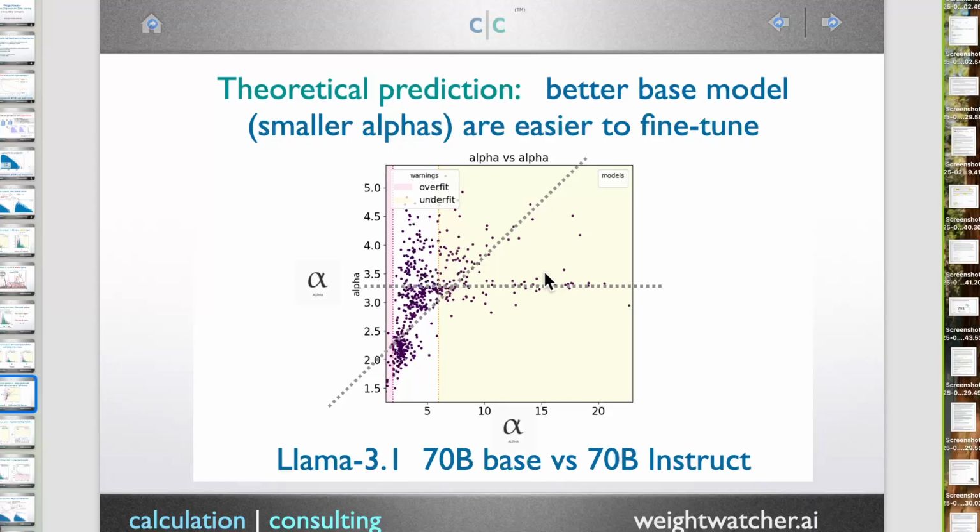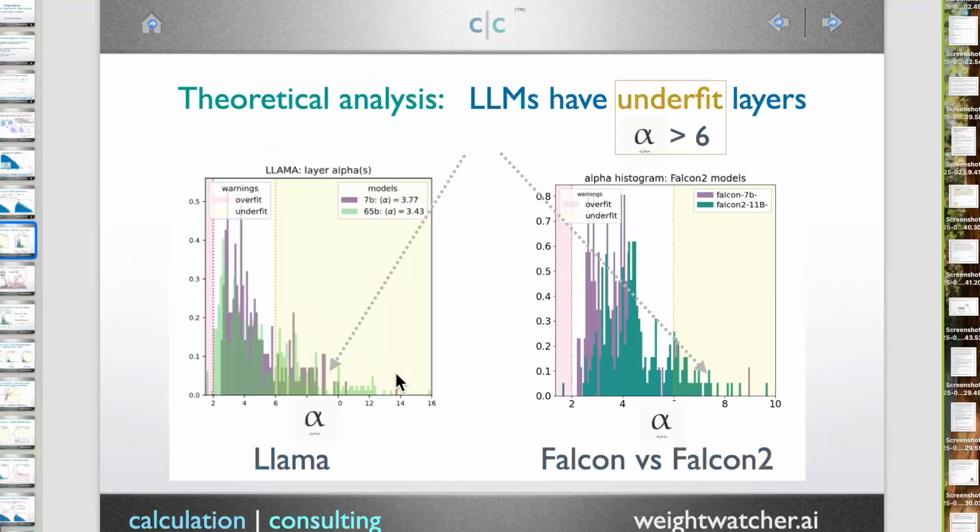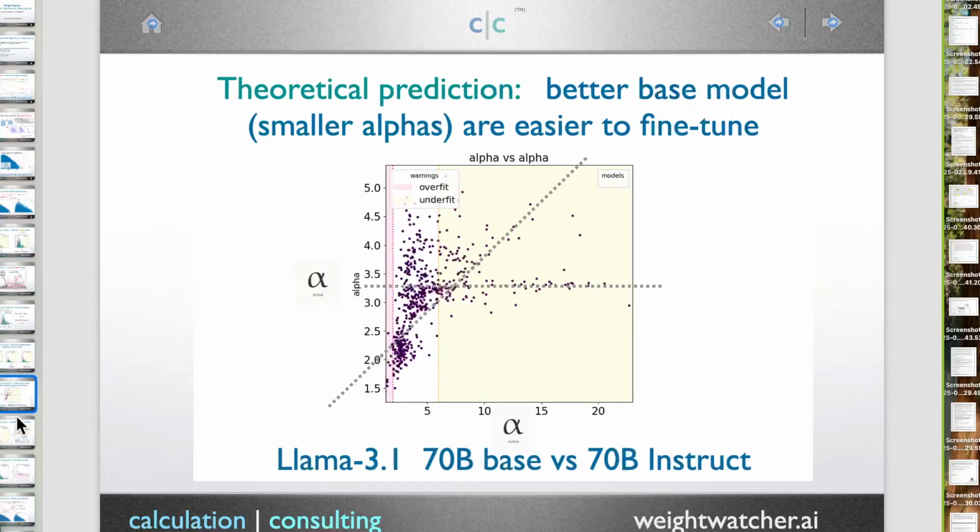In fact, this is something people know, right? When you train a model, there are some heuristics you can use; the learning rate for these layers is typically larger than the learning rate for these layers when you do instruction fine-tuning. This is kind of known in the literature. It was pointed out years ago. Using WeightWatcher, you can actually selectively tune these rates.